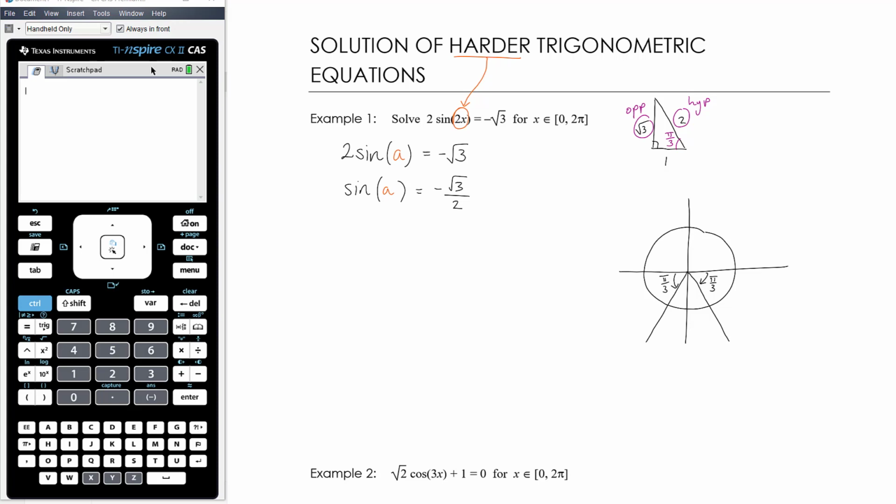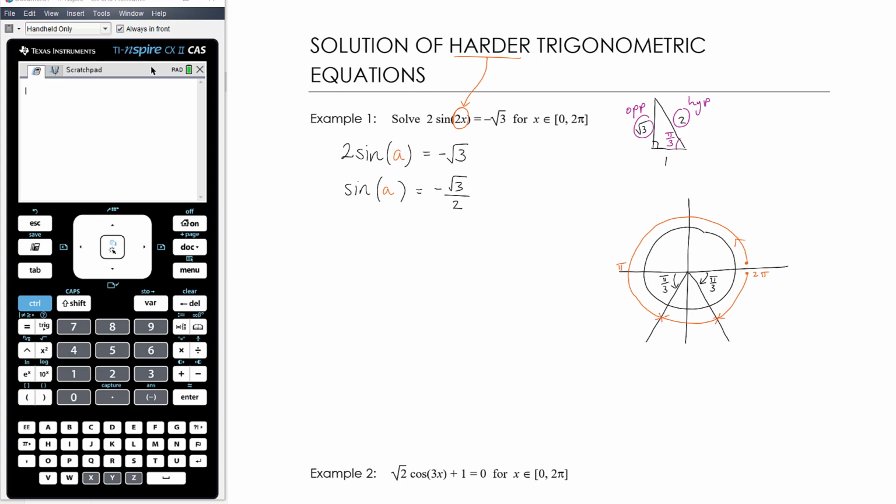Okay, so once we've located the position of our solutions in the unit circle, we're then going to think about our domain. In this instance, our domain is 0 to 2 pi. Now this is where we technically need to make some adjustment, but for now I'm just going to look at it from 0 anti-clockwise around to 2 pi. So this is pi here, we're going this way, and we've got two solutions.